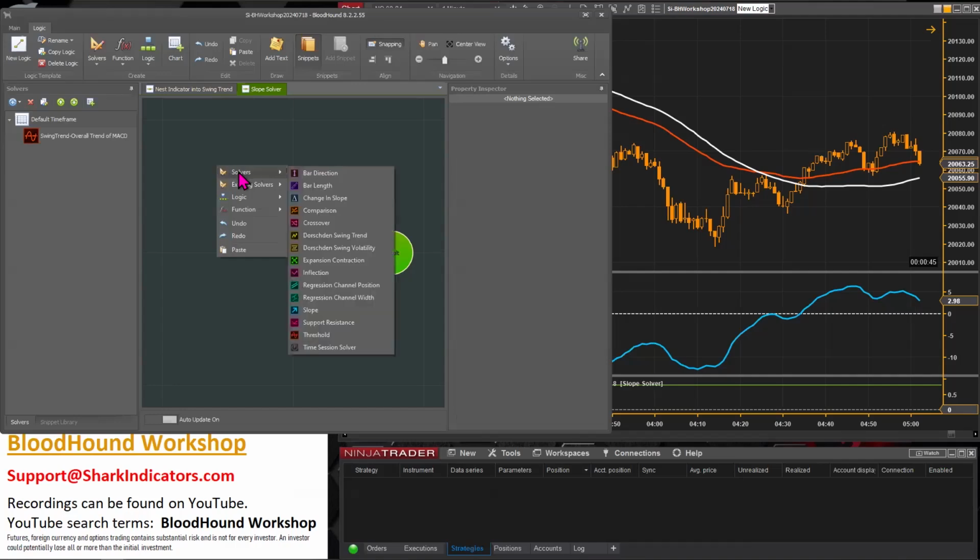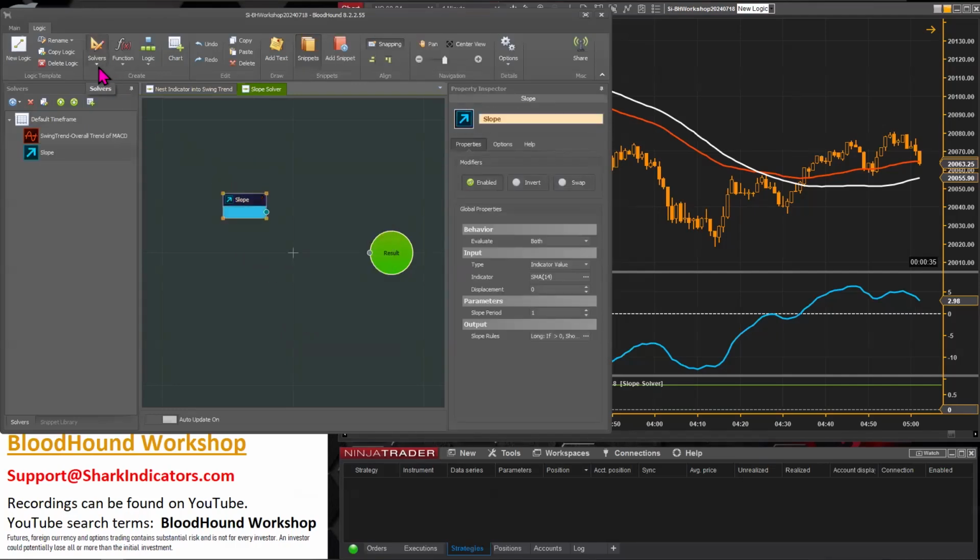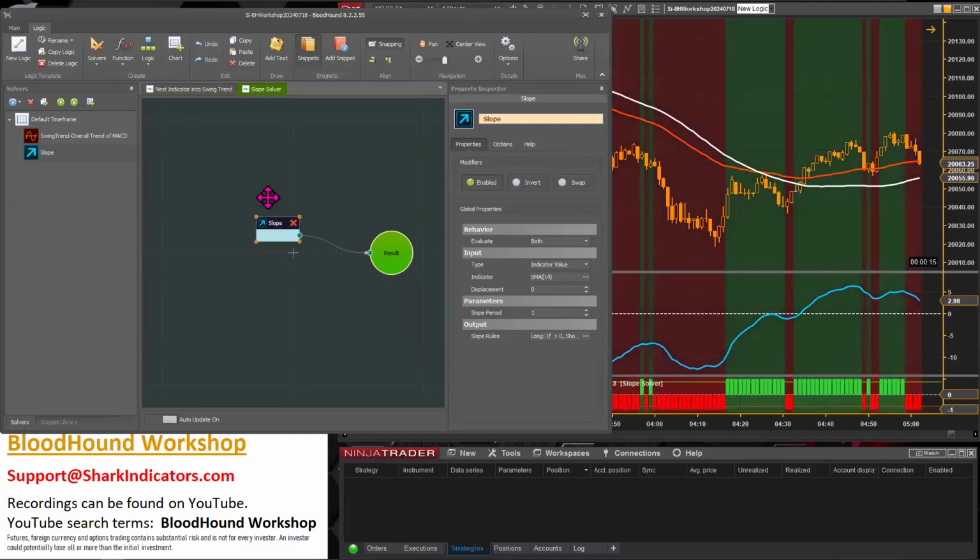All right, so let me put a slope solver on here. You can also grab solvers from the menu up here at the top. Let's connect that in, and I'm going to make a bunch of these.